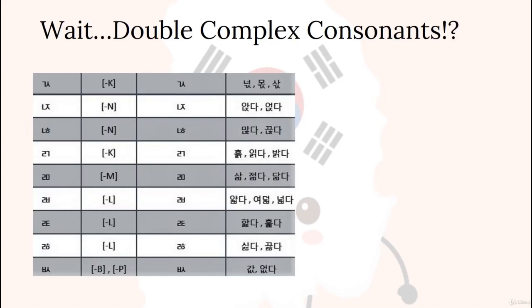Okay, wait. What is this? Double complex consonants? Oh my goodness. This is pretty much a preview of what we'll be learning in our future lessons, not these lessons. We just learned about the double final consonant, and now this is the double complex consonants.